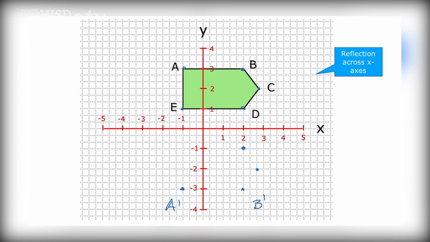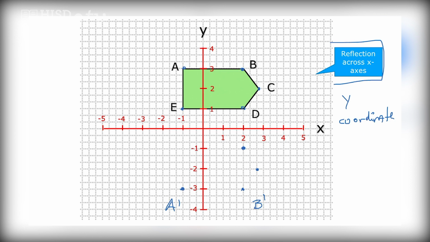And as you can see, when I'm reflecting across the x-axis, the only number that changes on the point is the y coordinate, and it's actually going to flip to its opposite side.